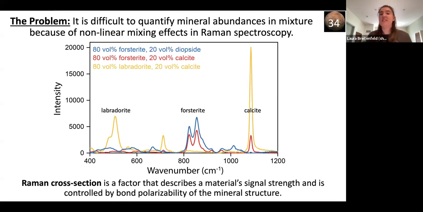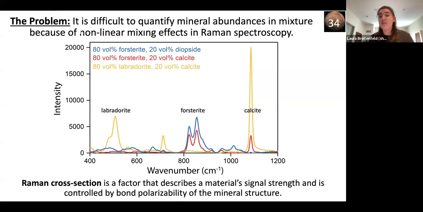If we look at this example, we have Raman spectra of three mineral mixtures. And if we look at, for example, the red and the yellow spectra, we see that they both have 20 volume% calcite present.